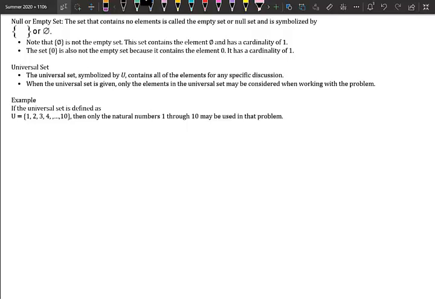Or think not just numbers: say I asked the class what your favorite color is. Then I can only collect the data of this class. Or let's say if we were in tables or groups, what if I asked that one group their favorite color? That means I can only use the data from that one group. So that's what the universal set is.